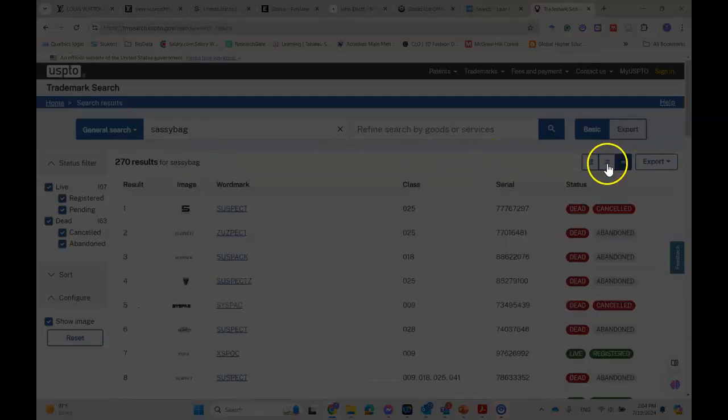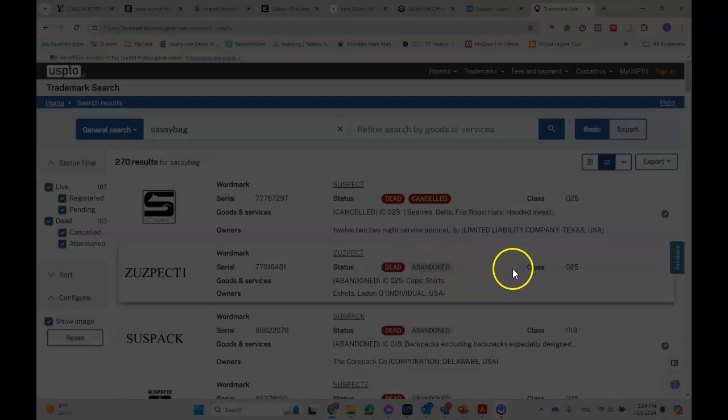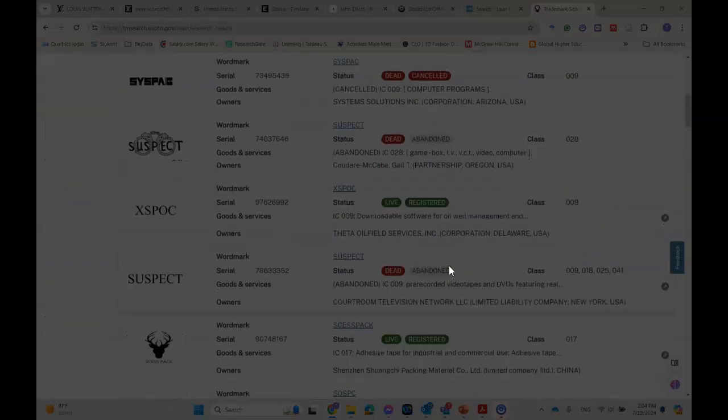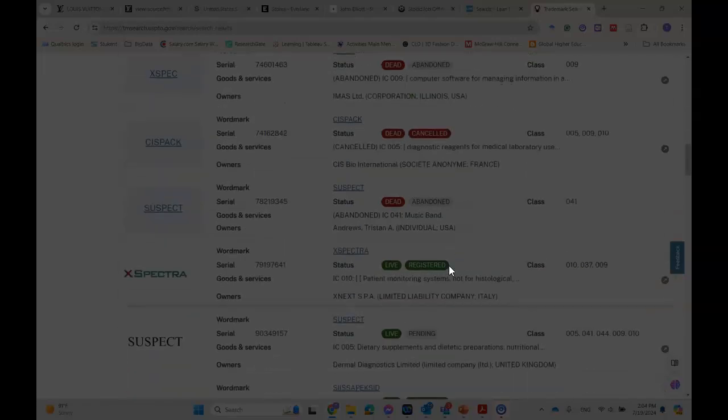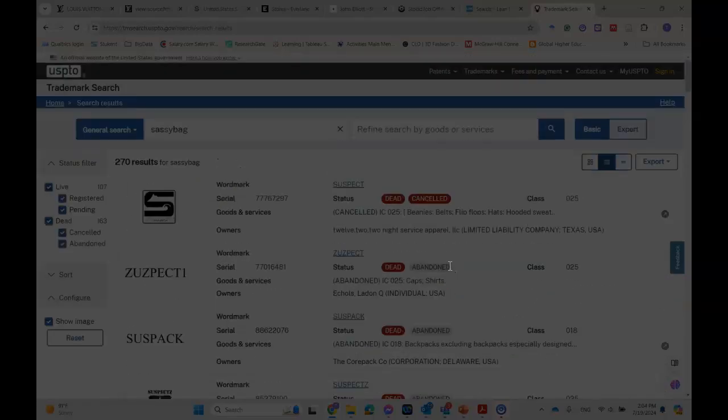As you can see here, Sassy Bags hasn't been taken yet, which gives you a good idea that you can register this word mark with no problem.